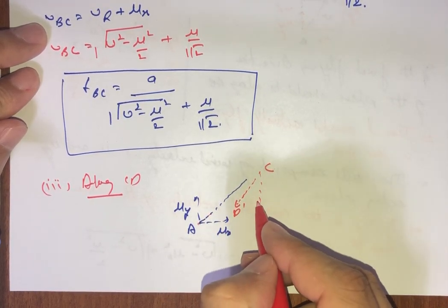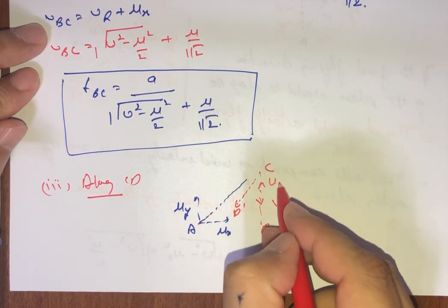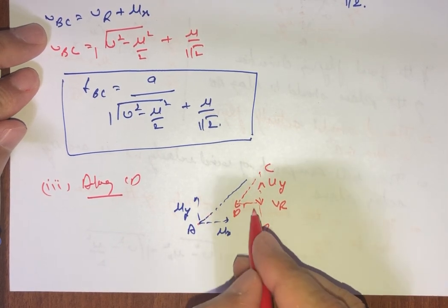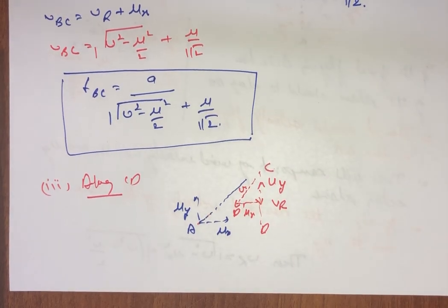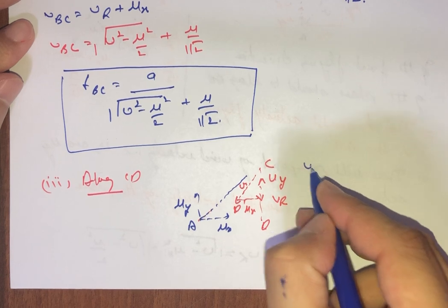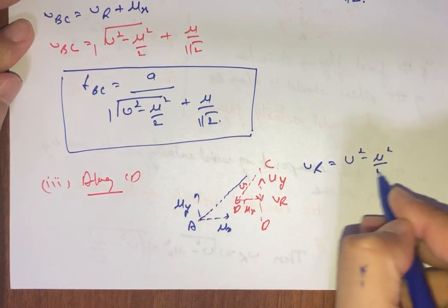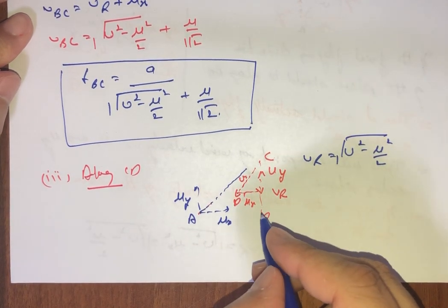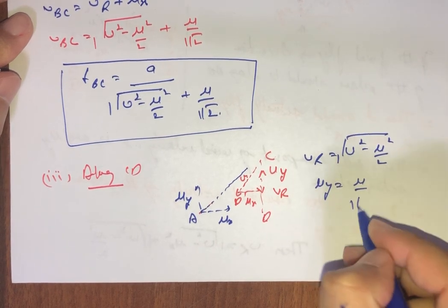Now we have VR in this direction and Uy will be in the opposite direction, and this will be our Ux. Let us call this as v. So now VR, the resultant velocity, is square root of v square minus u square divided by 2, and we have uy equal to u divided by square root of 2.